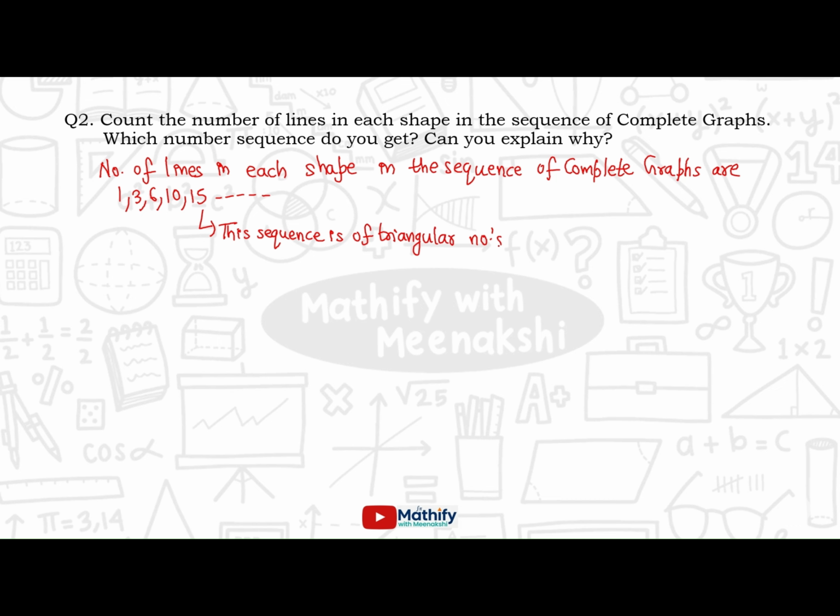And you can mention one more thing, that lines here means including both sides as well as diagonals. So the number of lines in Kn, where n is the number of vertices, that is points, and K is for complete graph, is n into n minus 1 by 2.